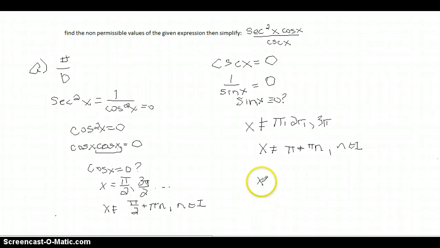So here we could say, this one's kind of like an overall statement, x cannot equal pi over 2 plus any multiple of pi over 2 times n, where n is an element of integers. Okay? Alright, so that is for finding our non-permissible values.